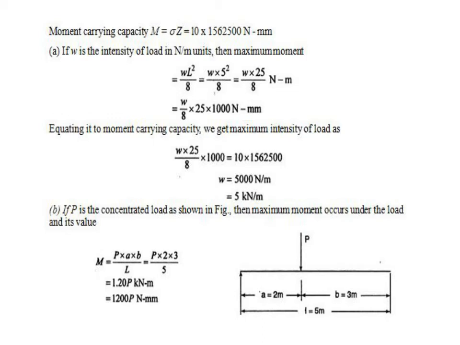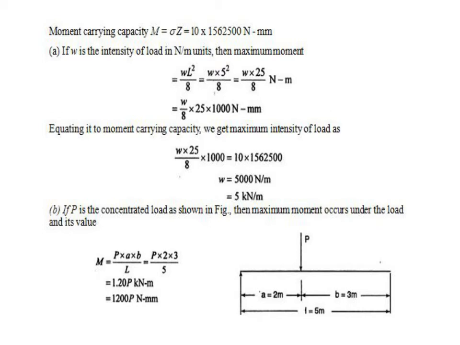So if P is the concentrated load acting at 2 meter from the left support, the maximum moment occurs under the load and its value is M equal to P a b divided by L. For a simply supported beam having a point load anywhere on the beam, eccentrically acting, the moment will be equal to load into a into b by L. So load we have to find, P, put the a value as 2 and the b value as 3.